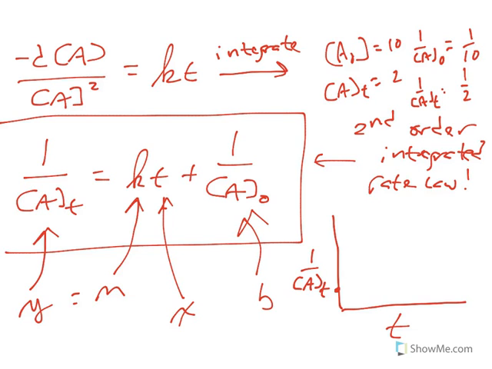So that's weird. What we have is the reciprocals, and as the numbers get smaller, the reciprocals get larger. So while it looks like the concentration is increasing over time, that's k, is our slope.